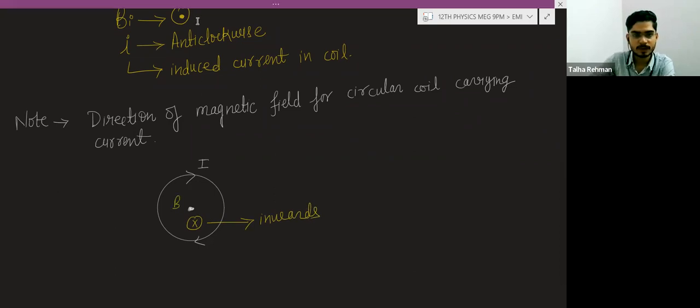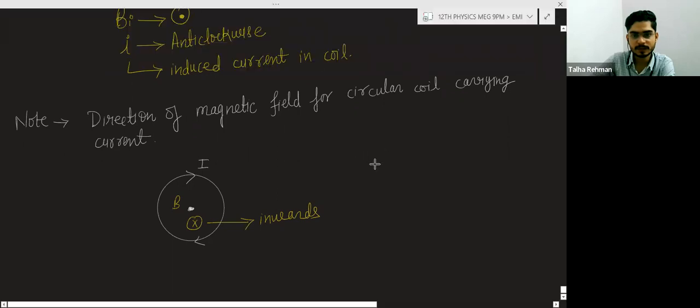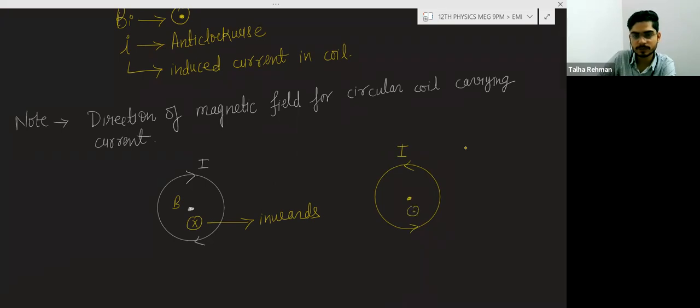So if I am taking the coil, and in this coil the current is in this direction, in that case, the direction of the magnetic field at the center will be outwards. If you want to find the direction of the magnetic field, curl your four fingers along the sense of current. The thumb will be outwards.